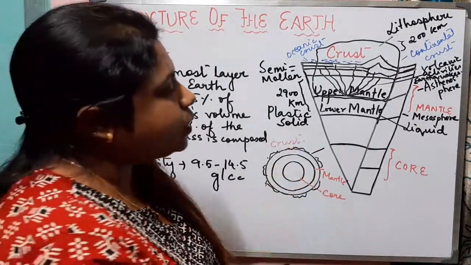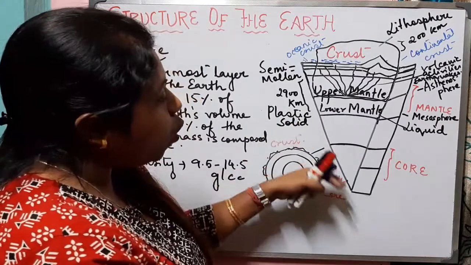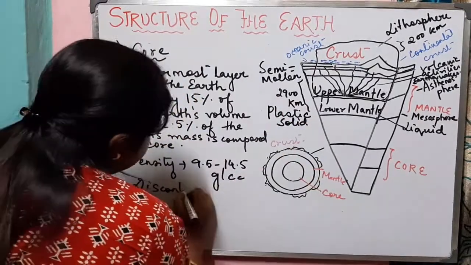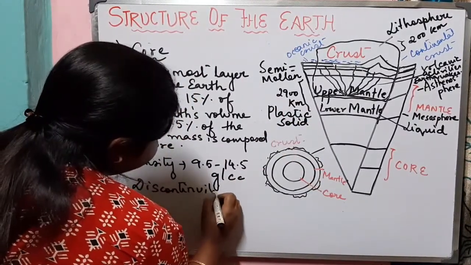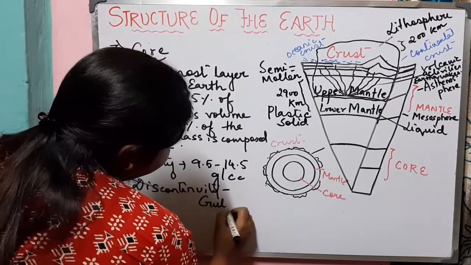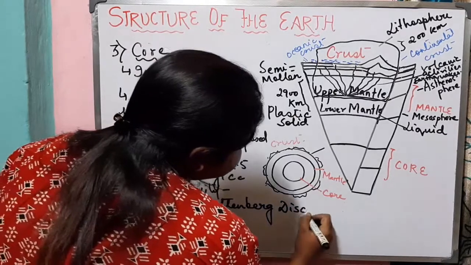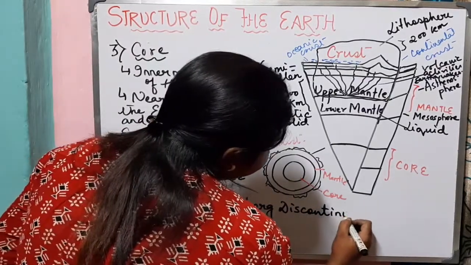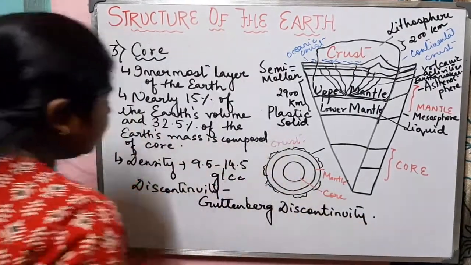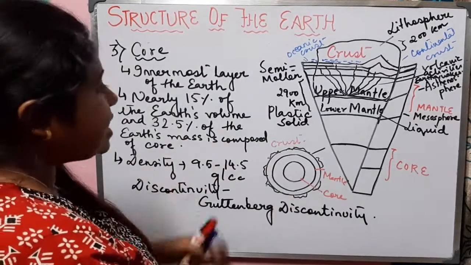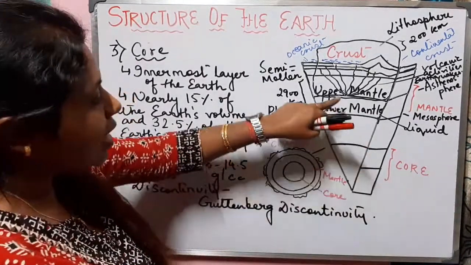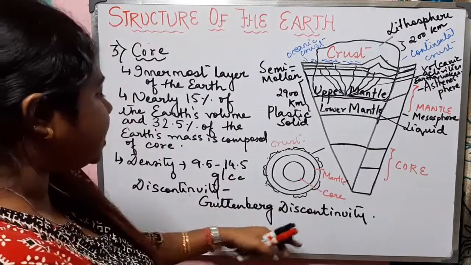Now the discontinuity that separates the core from the mantle is known as the Gutenberg discontinuity. So the discontinuity that separates core from the mantle is the Gutenberg discontinuity.